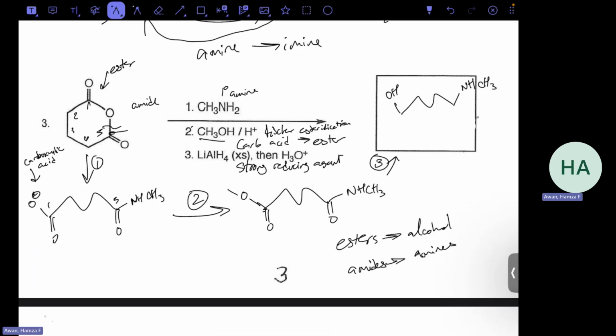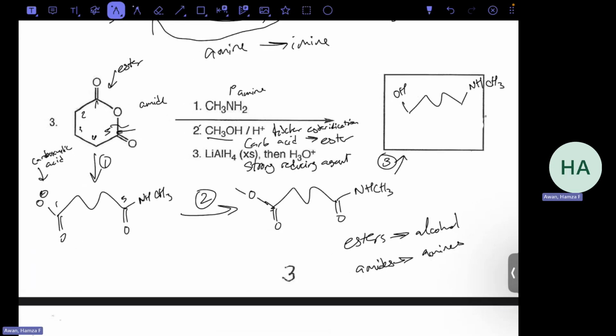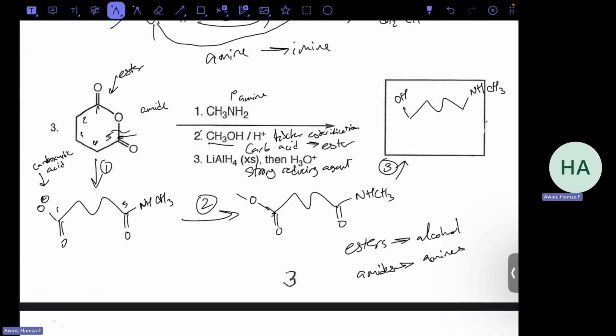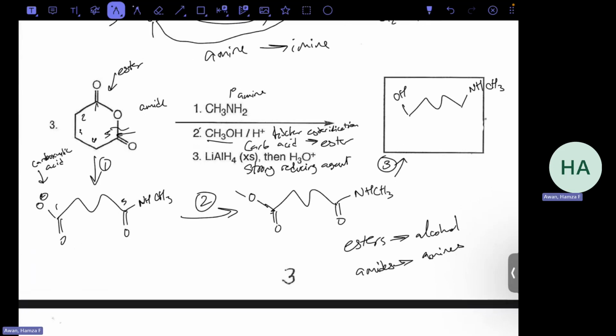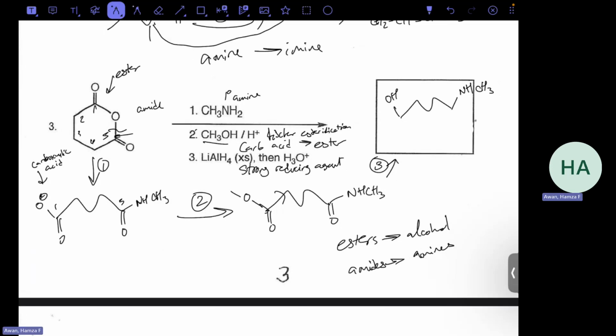Yeah, I don't think it would. I'm not saying it would do anything here. I just, since you noted what the thing does, what would the other react with? The ester, I don't think it'd do anything with the ester. I think it's specific.